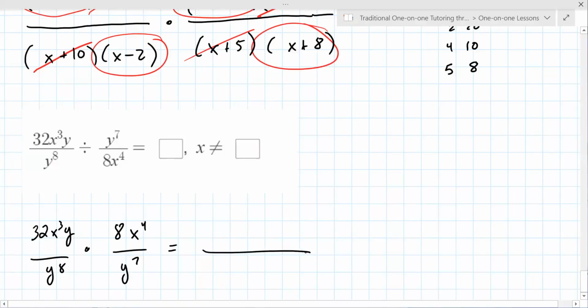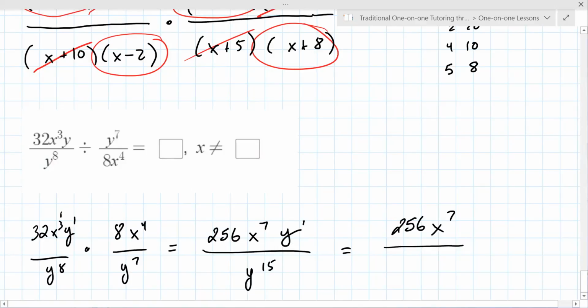And we did one like this earlier where we combine the numerators. So 32 times 8 is 256. X cubed and x to the 4th is x to the 7th. There's one y there. And then the bottom, it becomes y to the 15th because you add those together. And then we talked about how you can only cancel stuff if it's the same on the top and the bottom. So there are one y up here and 15 down there, so that's 14 total.